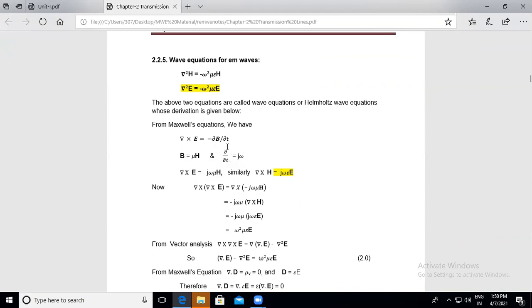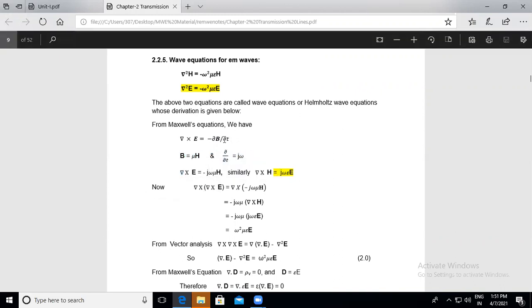Dou by dou t can be written as j omega. Replacing dou by dou t by j omega and B by mu H, del cross E can be written in terms of omega and H.